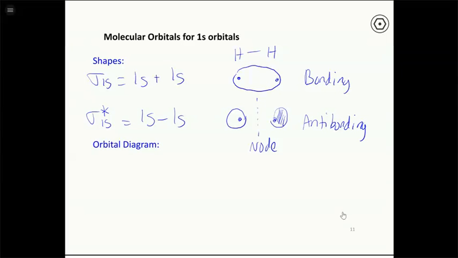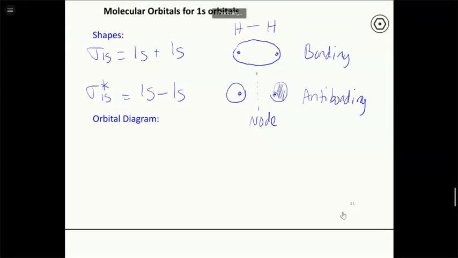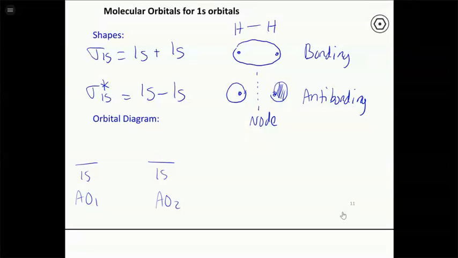And then what we're going to be mostly interested in this course are the orbital diagrams. The way we draw this is we have two 1s orbitals, so we're mixing these two atomic orbitals. And then, like I said, we mix them in two different ways. We form an additive combination, which is sigma 1s, and that's going to be lower in energy.